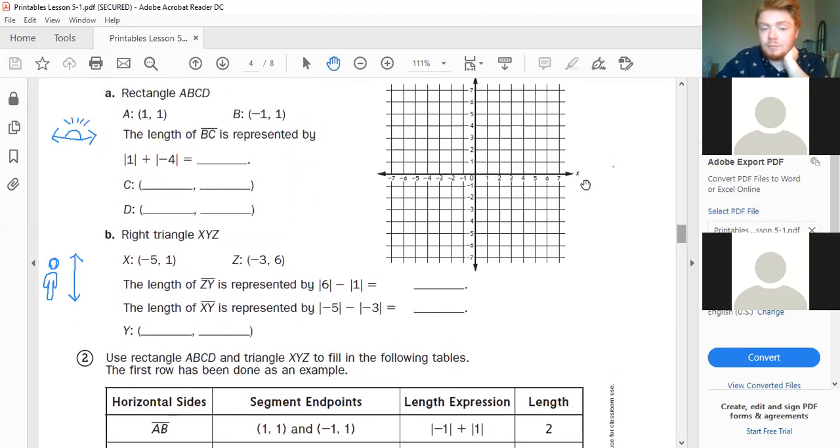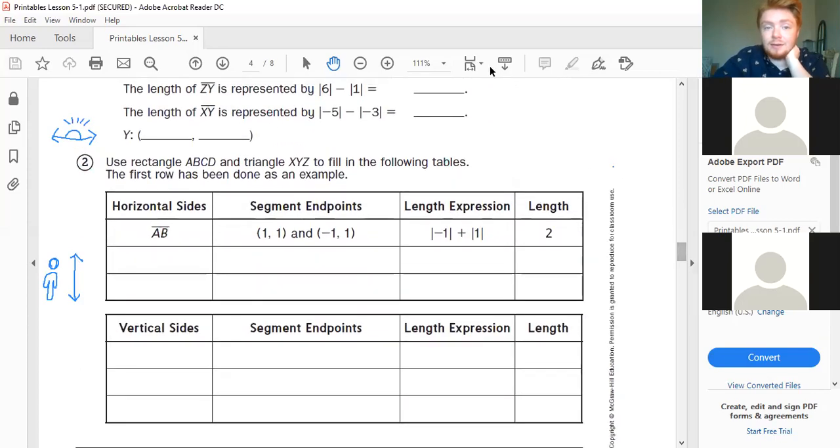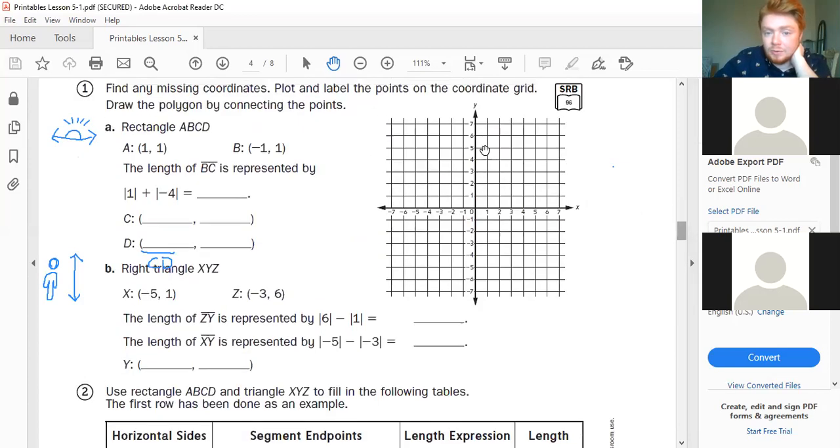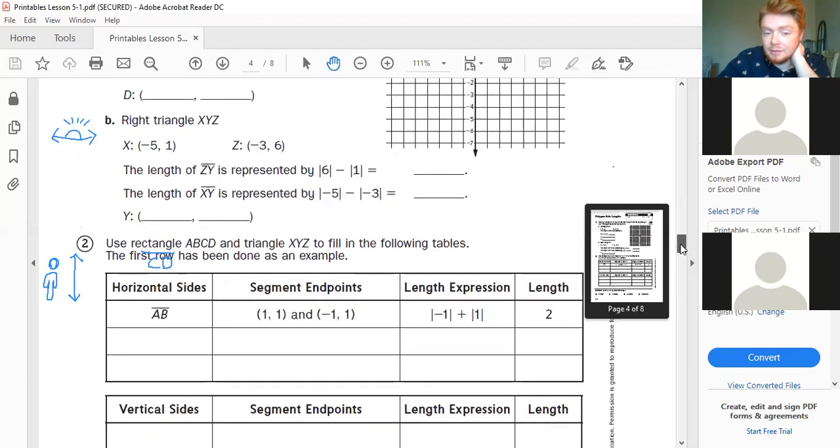So that was A, B. The other horizontal one up here were the other 2 points, C and D. That one goes right here. If you remember, we went all the way up, and we did -1, 6, and then 1, 6.